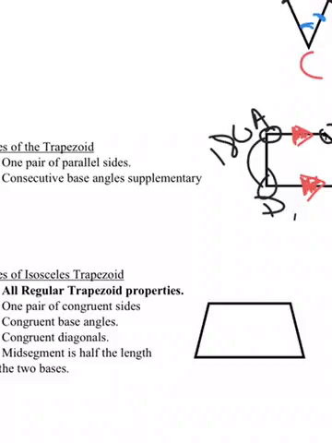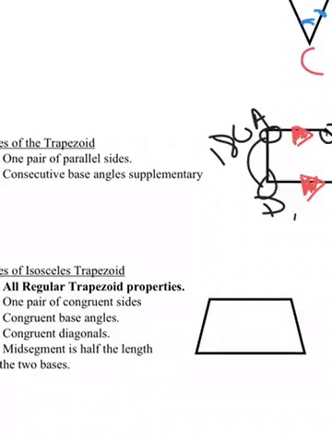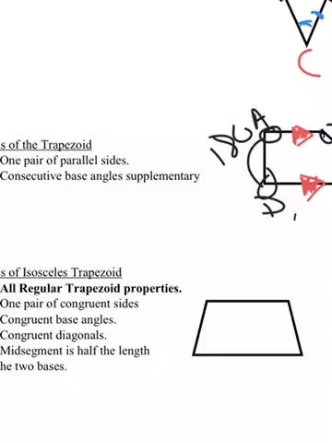Okay. Now, when we talk about an isosceles trapezoid, then that adds a few more properties into what we are talking about.